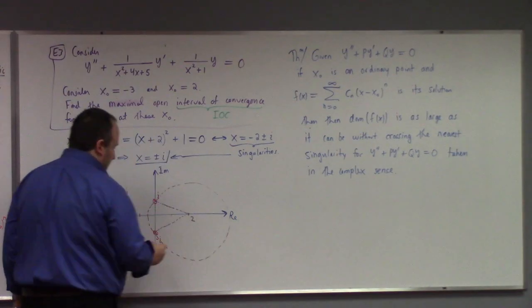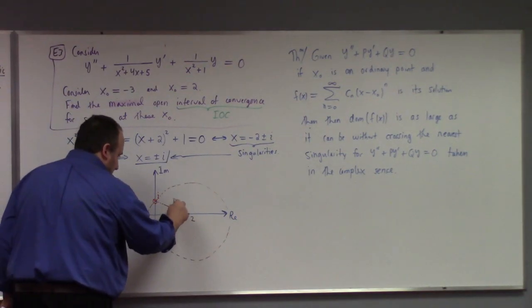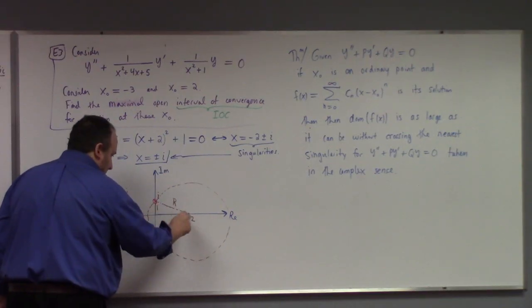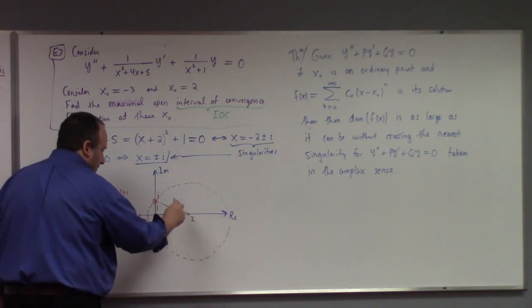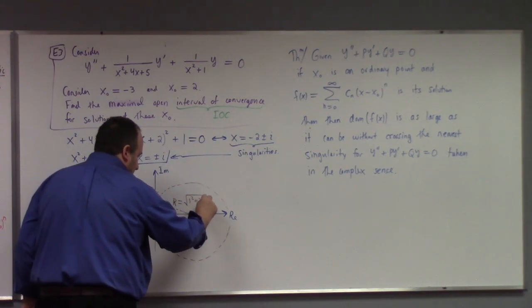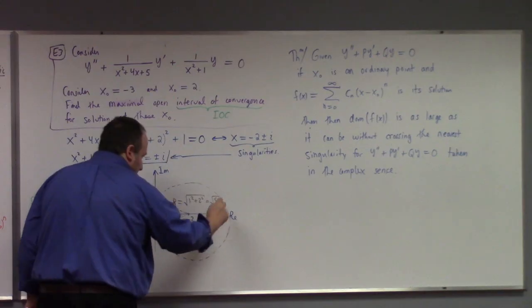Anyway, so the disk of convergence, to the limits of my artistry, is like that. What's the radius of convergence for this guy? We've got 1 unit up and 2 units over. So it looks like the radius of convergence is the square root of 1 squared plus 2 squared, which would be the square root of 5.